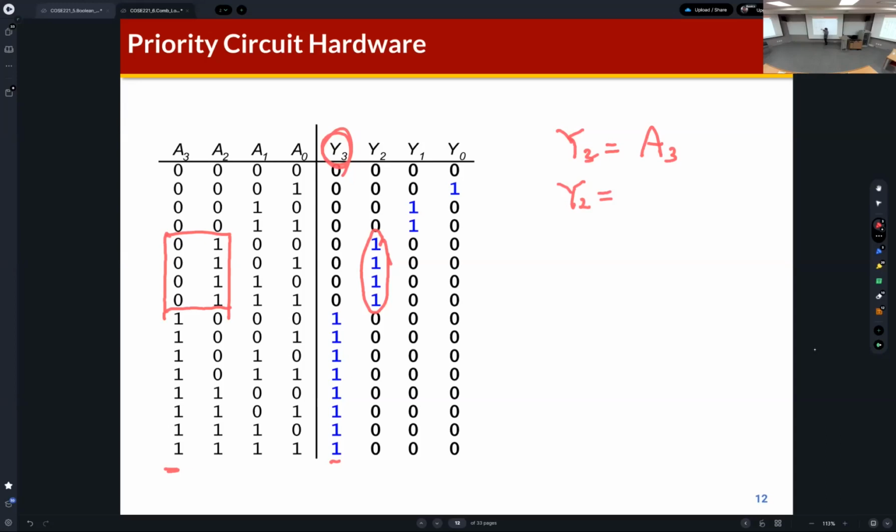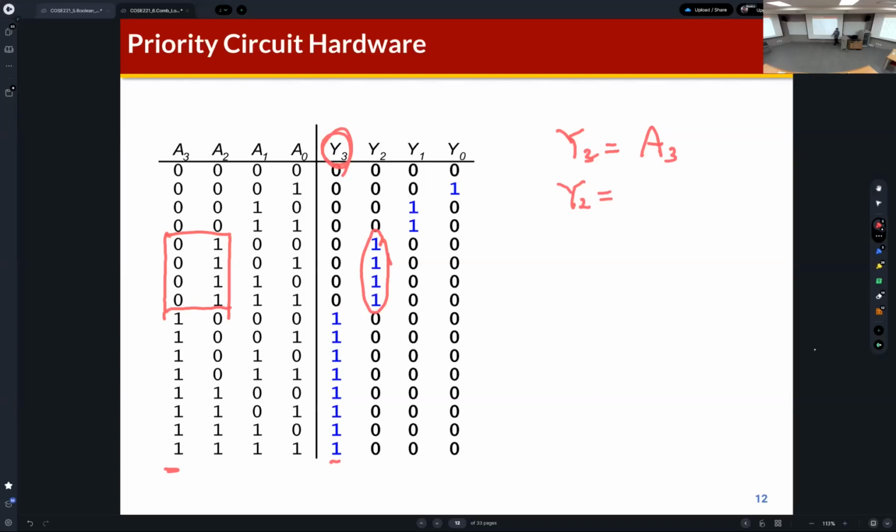Because when I define this priority structure, the output represents the location of the first one. So in order to make Y2 1, A3 needs to be 0 and A2 needs to be 1.